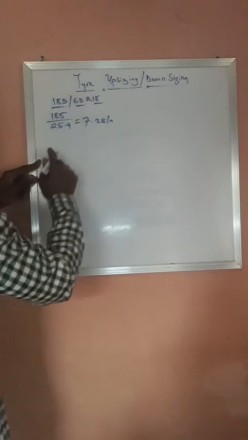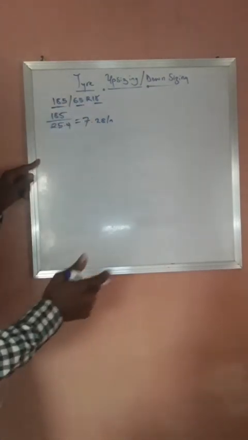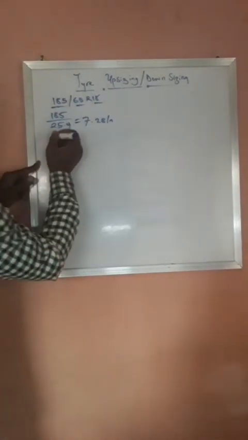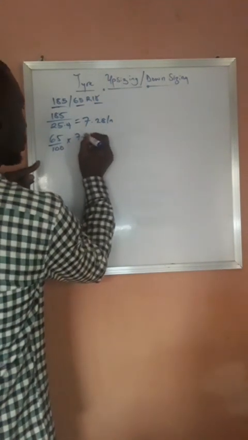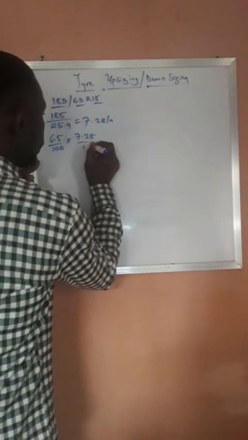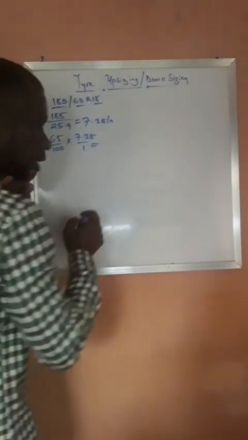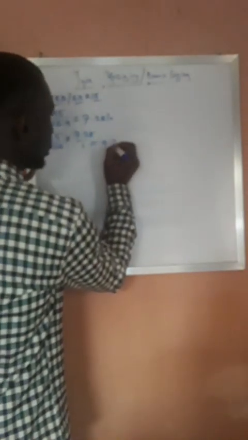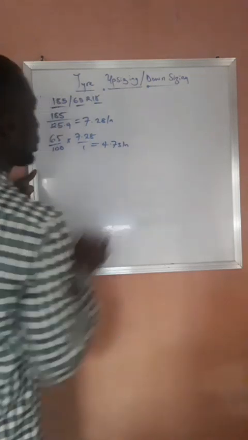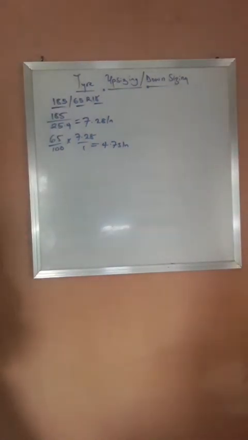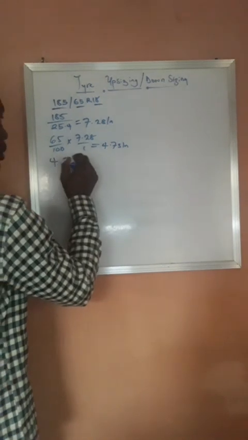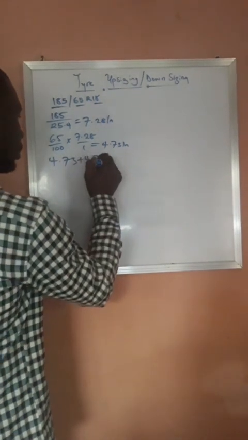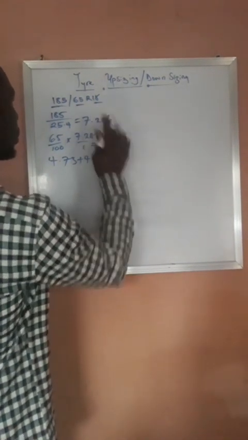So we're going to calculate the length of the side wall, which is 65 over 100 times 7.28, which is going to give us 4.73 inches.